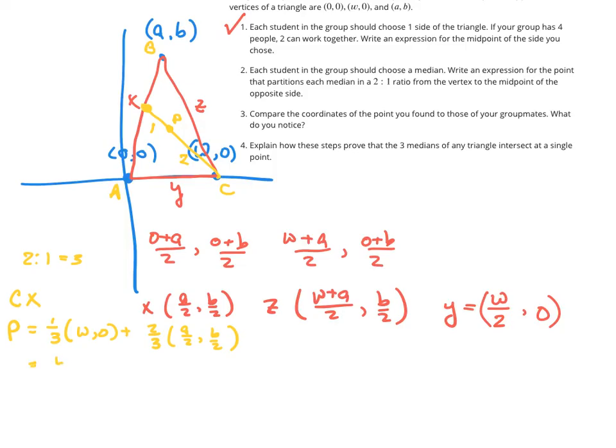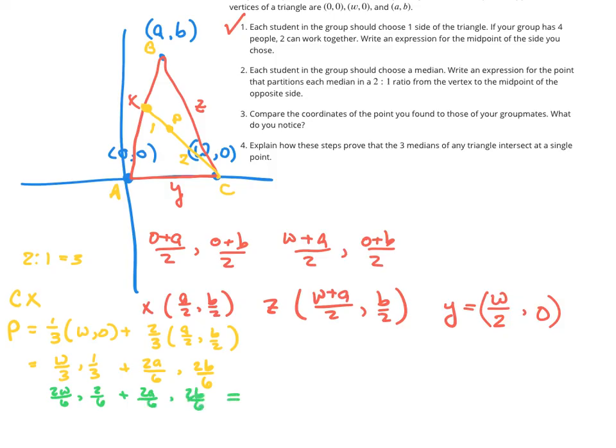If I distribute, I get W over 3, comma 0, plus 2A over 6, comma 2B over 6. That means that I need 2W over 6, comma 0, plus 2A over 6, comma 2B over 6.